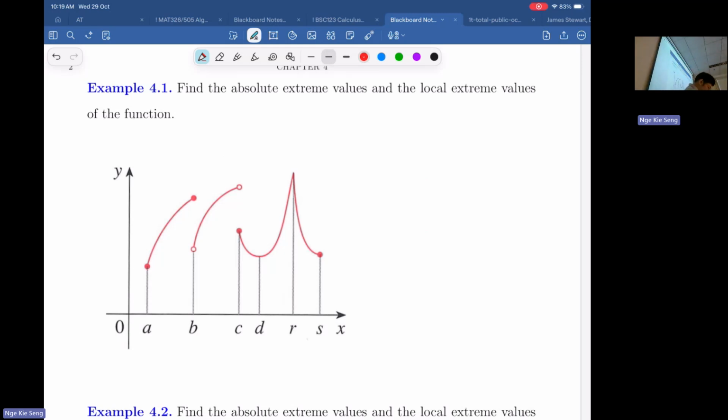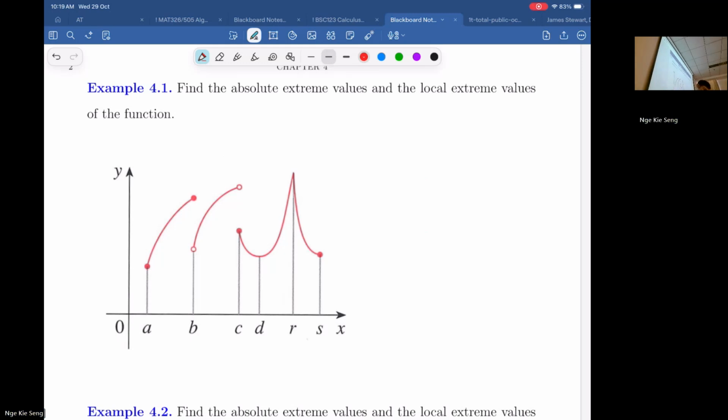But it doesn't affect whether we can find extreme values or not, because we just care about how big or how small the value of f is. So which one is the absolute extreme value? Where is the most peak?